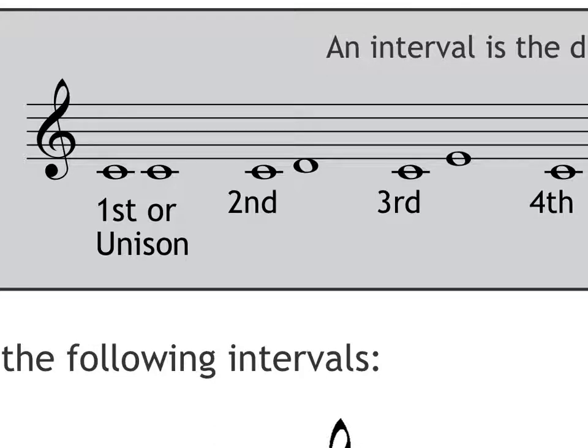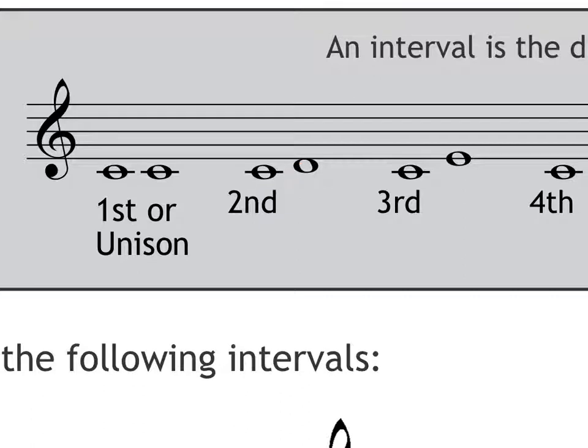Here we have the first note, here we have the second note. So we're calling this first note note number one, while the second note is on the same pitch. So it is the interval of a first, or a unison. Unison meaning one. The distance of one, okay? We've not traveled anywhere. We are on the first note.